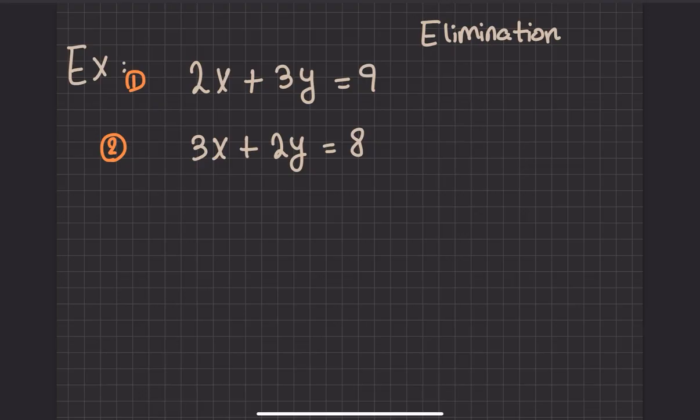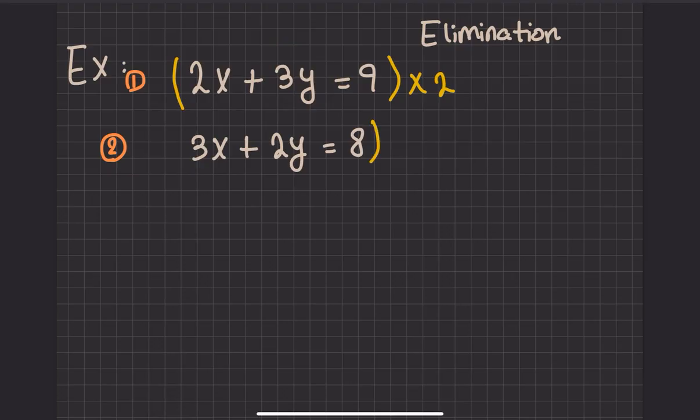I have to multiply both of them. So in here, I have to multiply this by positive 2, because when I do that, I'm going to end up with 6y here.